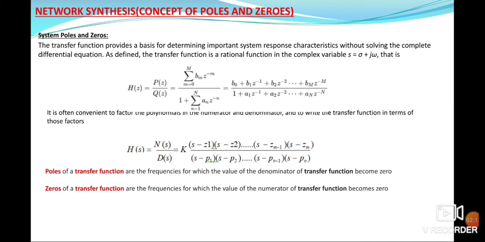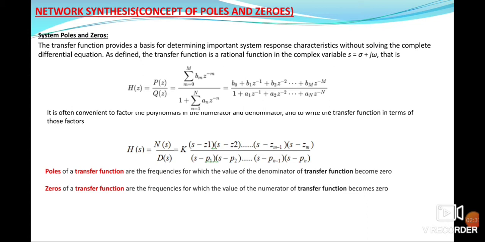So if we convert the transfer function into the frequency domain, we will represent it as H(s) equals N(s) by D(s), which will give us k multiplied by (s minus z1) multiplied by (s minus z2) and so on.